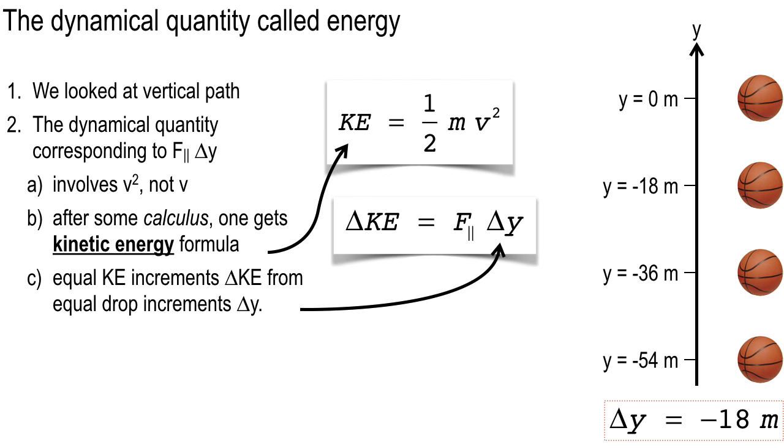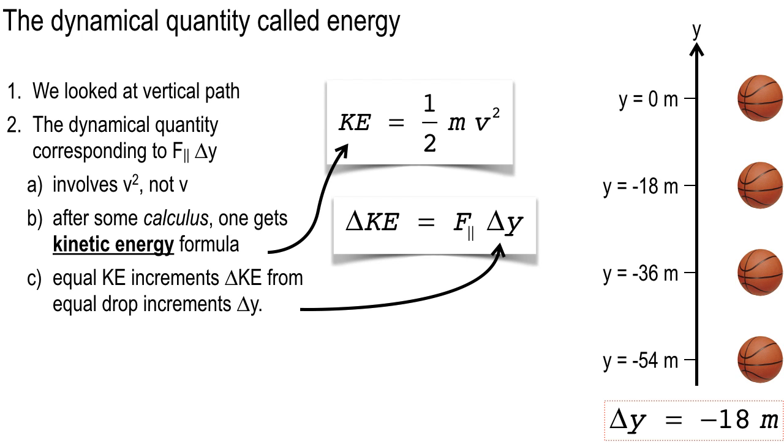And then, what's the force parallel to the trajectory? It's the weight force, so that would be minus mg, or minus 0.005 kilograms times 9.8 meters per second squared. Oh no, sorry, now we're mixing things up.